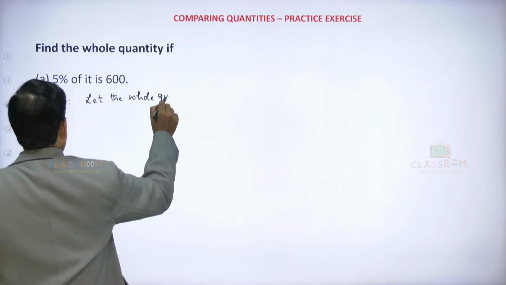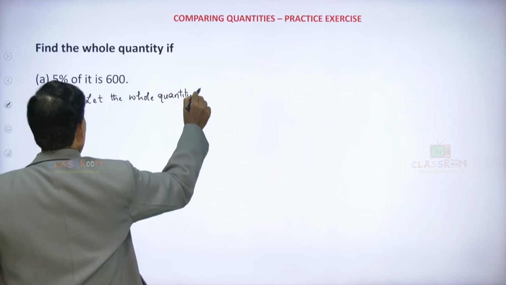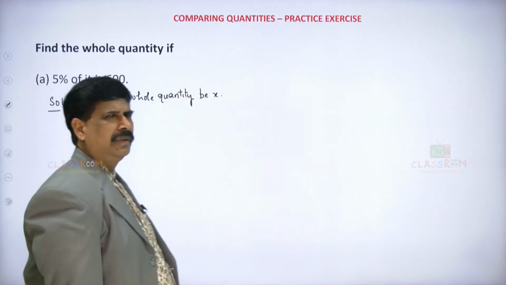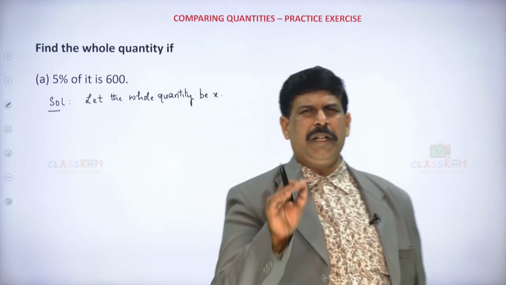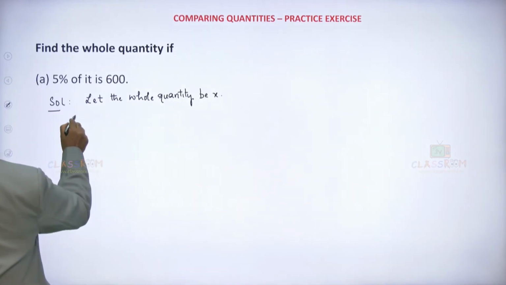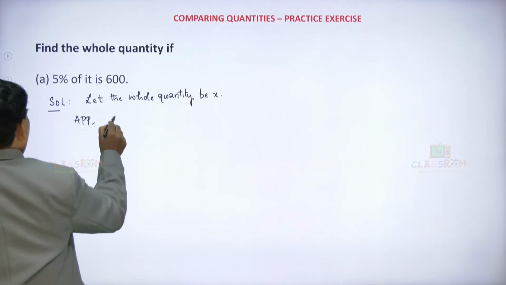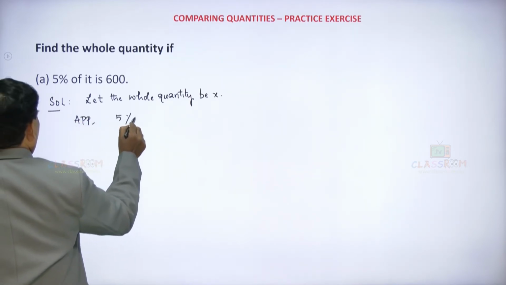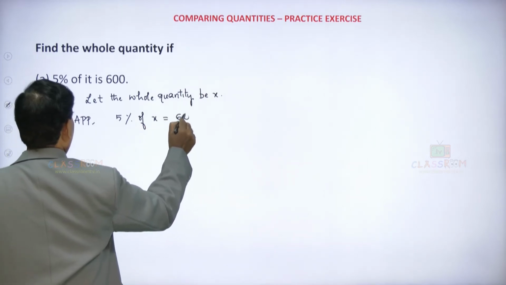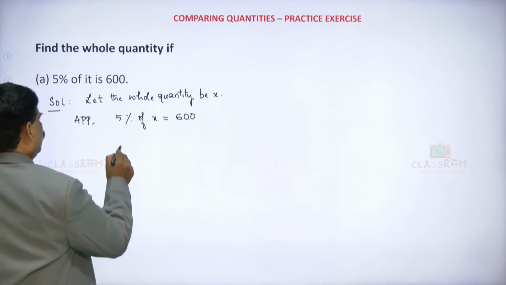Let the whole quantity be x. So as per problem, APP stands for as per problem, 5% of x is equal to 600. So we need to find the value of x.